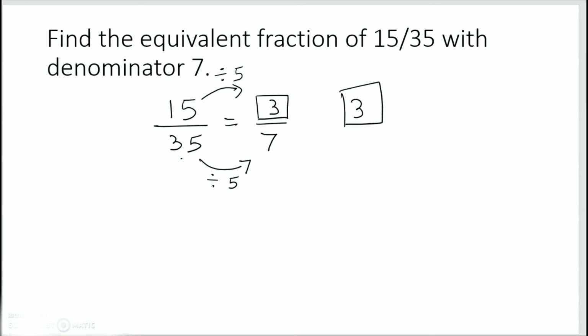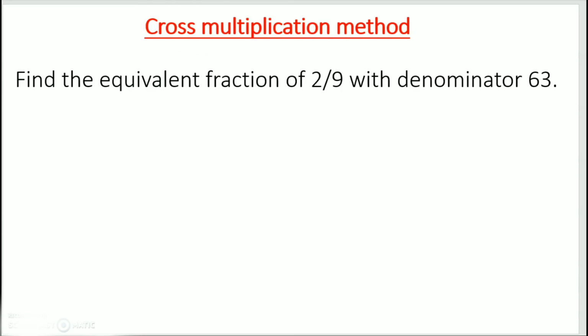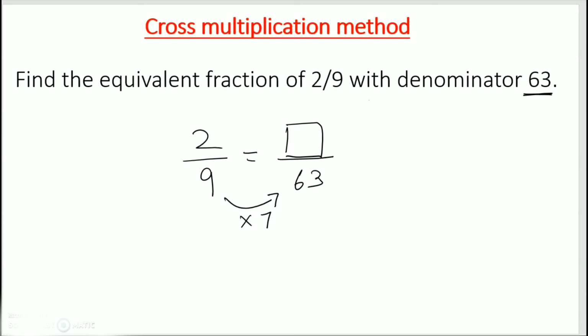Right? Now how does that work? Let's see. Find the equivalent fraction of 2 over 9 with denominator 63. So previously what we did, 2 over 9, we write equal to, the denominator is given as 63, and this we need to find out. So if I follow the previous method, 9 times 7 gives me 63. So here also 7 needs to be multiplied and I get 14.